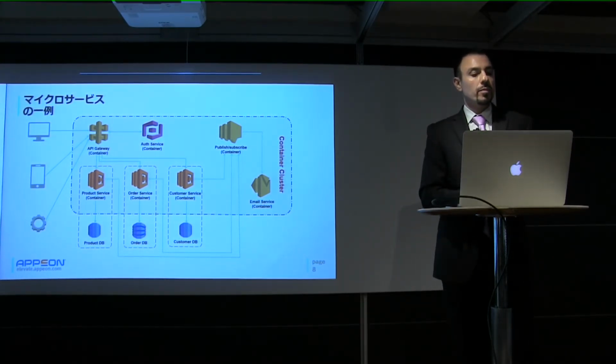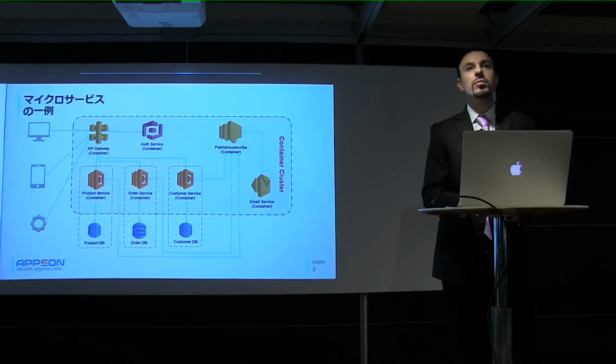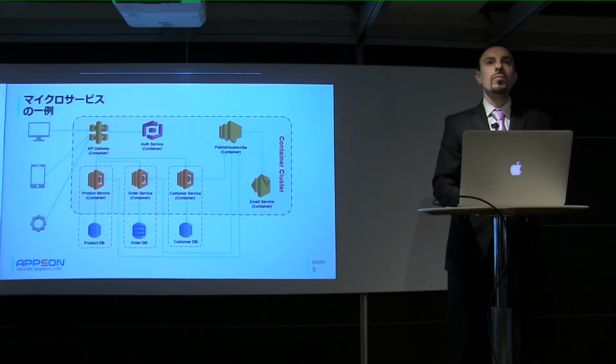So here's just an example of this microservice architecture I talked about. The three key things to note: one, each microservice is in a container. Each microservice has its own independent database. Now that doesn't mean you have to use different databases. All of these could be SQL Server, for example.